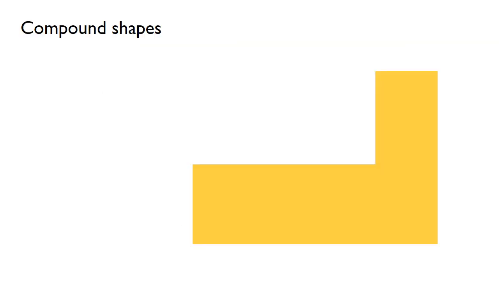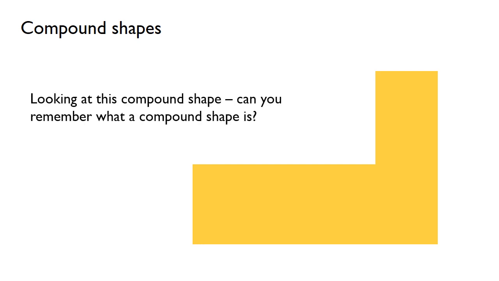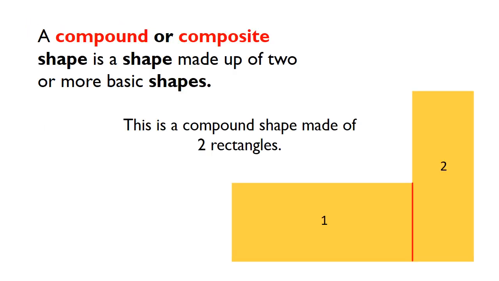So in today's lesson, we are going to again be looking at the area of compound shapes. Looking at this yellow compound shape, can you remember what a compound shape is? Brilliant.